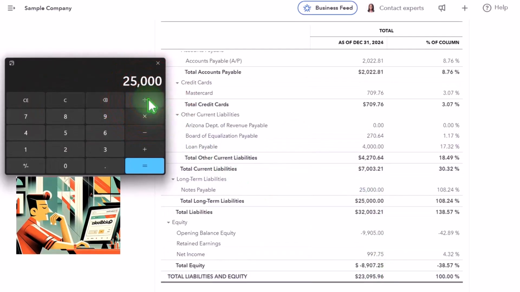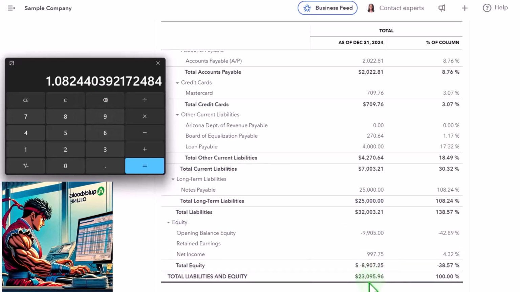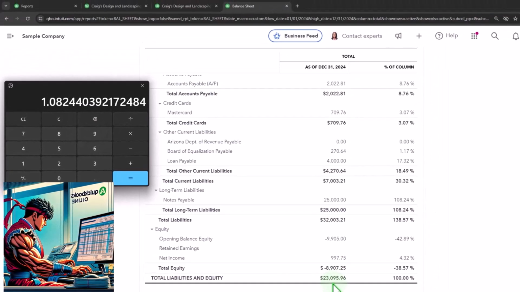We've got 23,095.96, and the long-term portion of the loan. Wait, this is total liabilities. Did I do that right? Yeah, the long-term liabilities are greater than our total liabilities and equity, which is interesting.